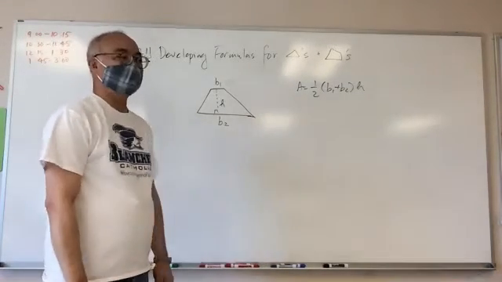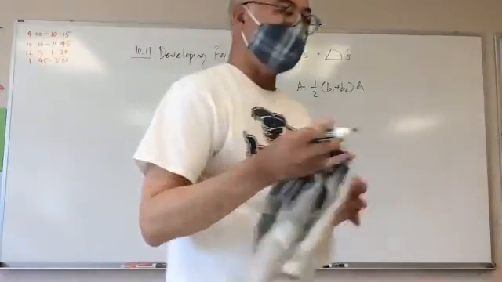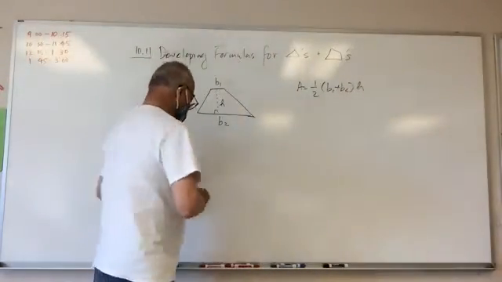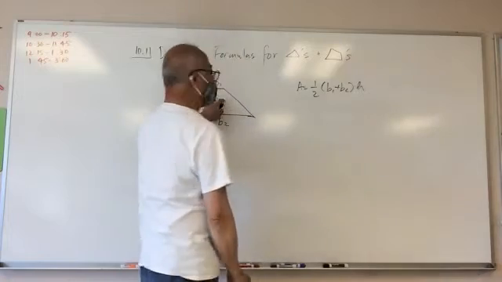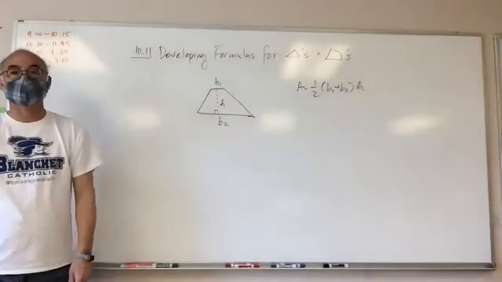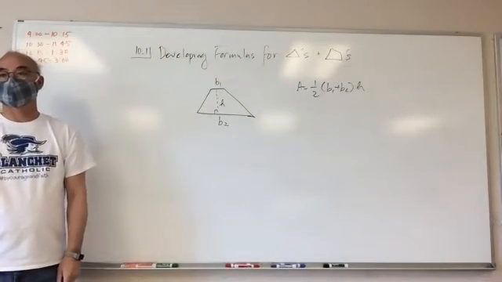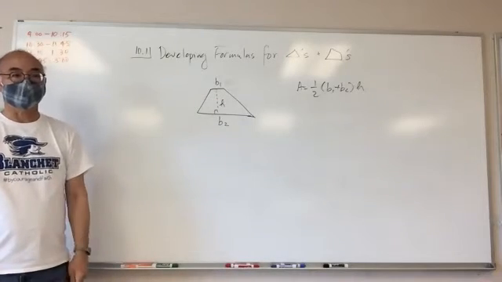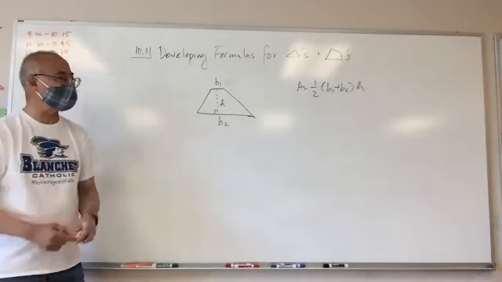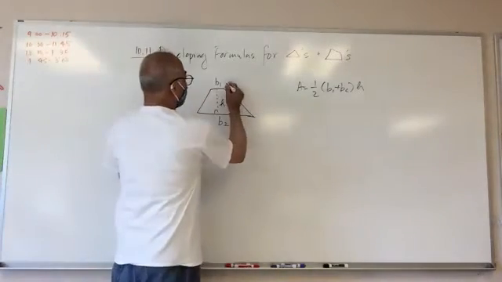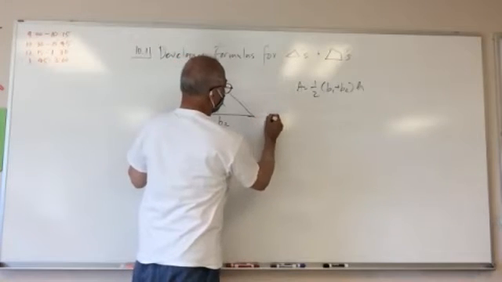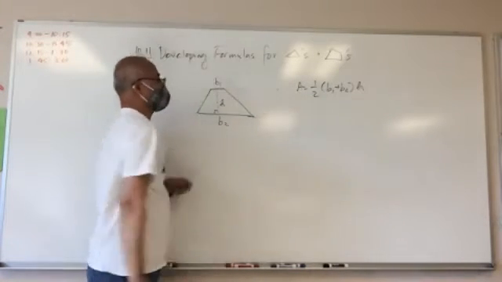I will tell you the way to remember this so you don't have to memorize it. If I took this guy, copied it, so now I have two of them, and I stacked them such that it looks like this.